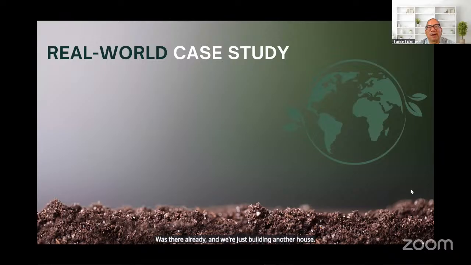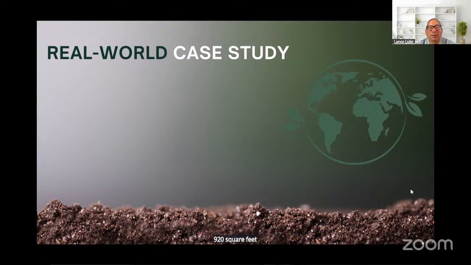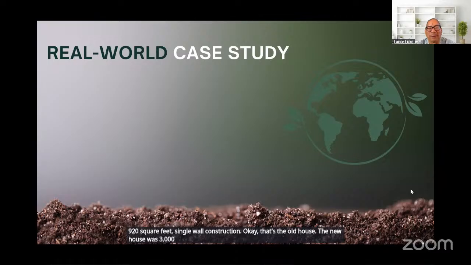Come to find out, the house that was there was an old house built in the 1940s, and it was 920 square feet, single wall construction. Okay, that's the old house. The new house was 3,000 square feet, right? 2 stories, concrete slab, CMU wall construction.